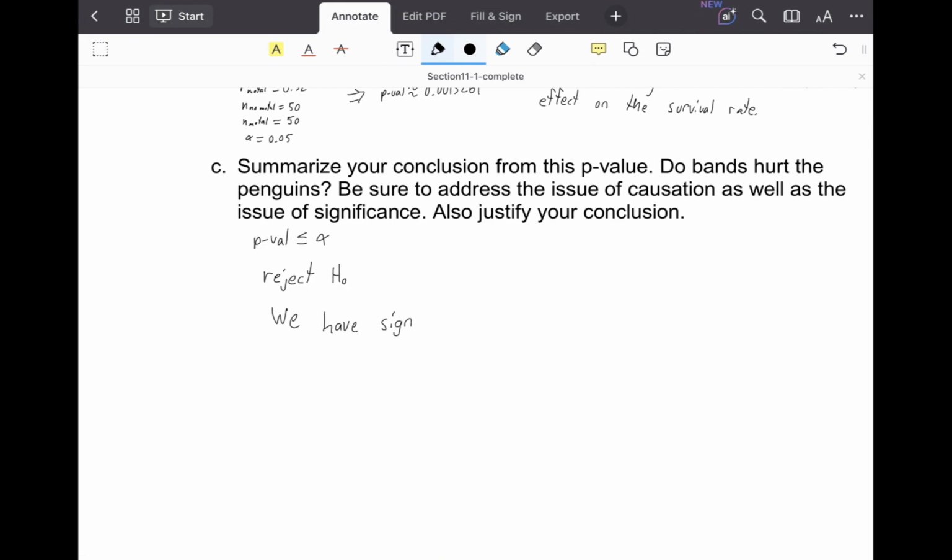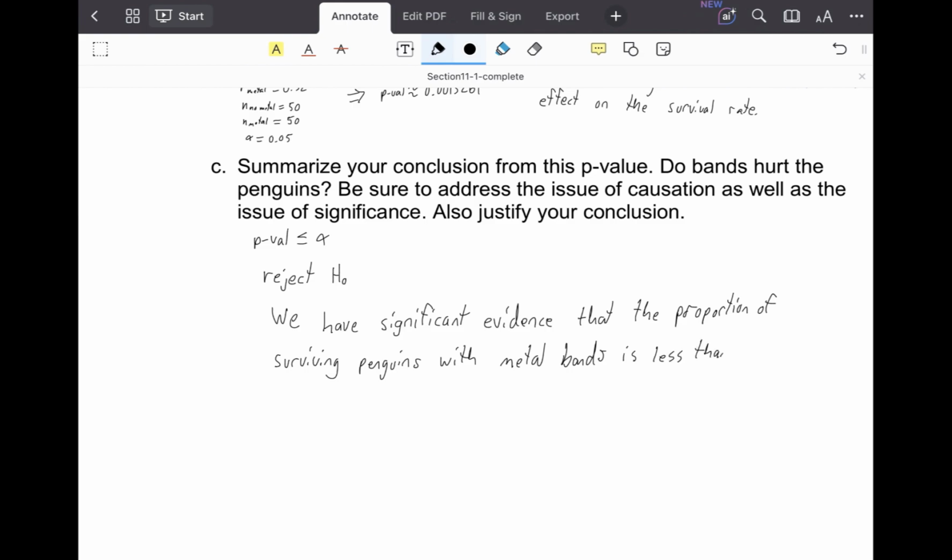So we'd say we have significant evidence that the proportion of surviving penguins with metal bands is less than the proportion of surviving penguins without metal bands.